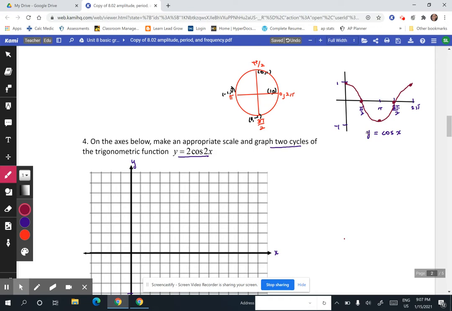Notice that we only use 5 points to graph this function. We can also look at this function as it's at 0, it starts at the maximum value. It then goes to what we call the midline or the baseline, down to the minimum value, back up to the midline or the baseline, and back to the maximum value.